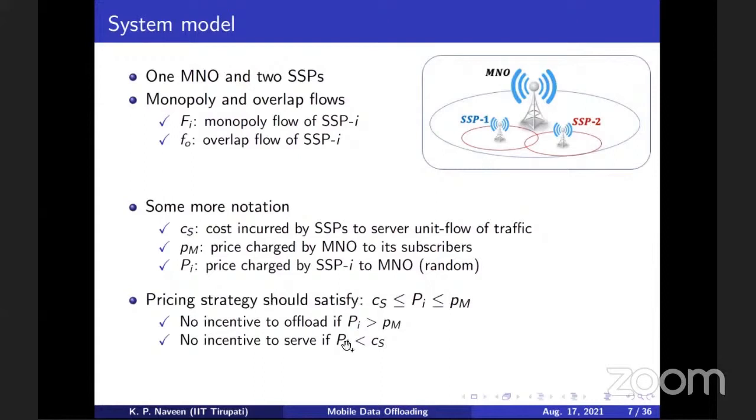And if the SSP chooses a price less than CS, there is no incentive to serve, since it cannot make any profit serving the offloaded flow. So this interval serves as the action space for setting prices for the SSP.